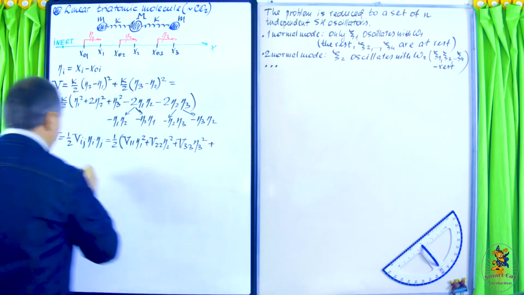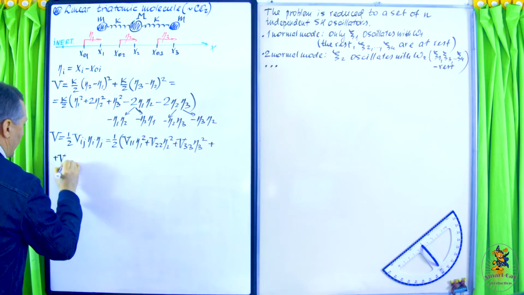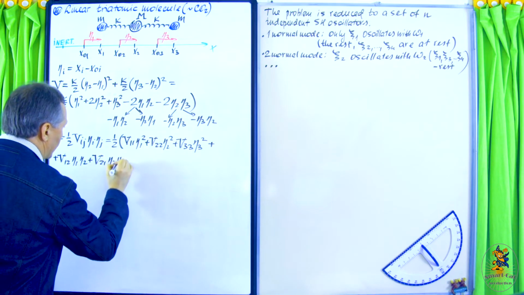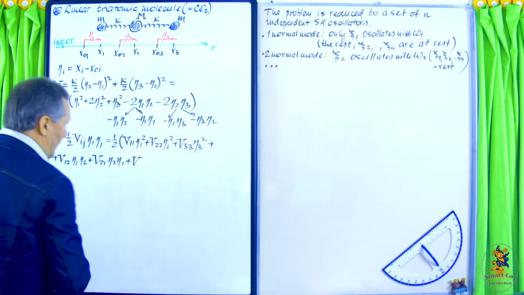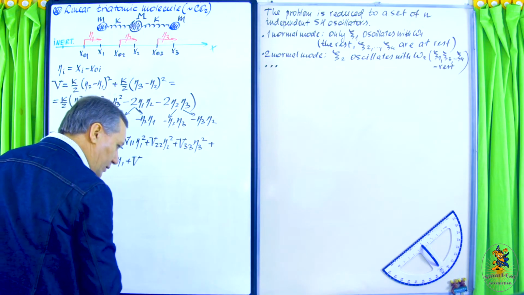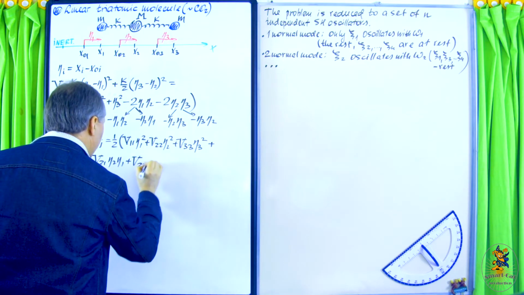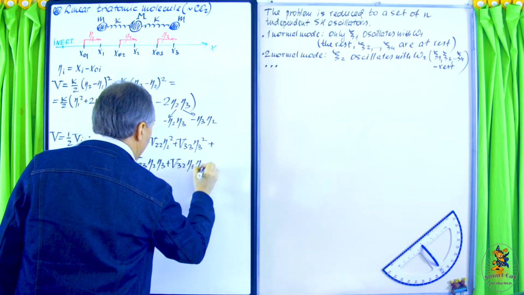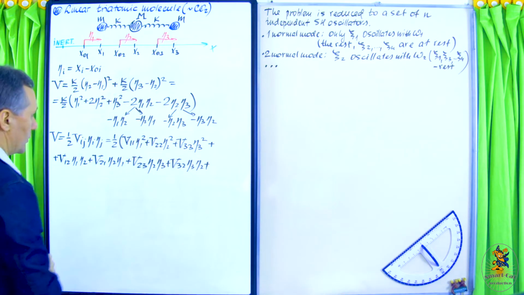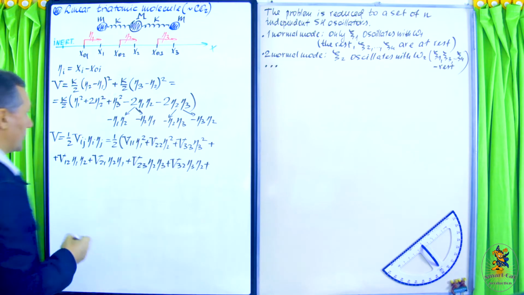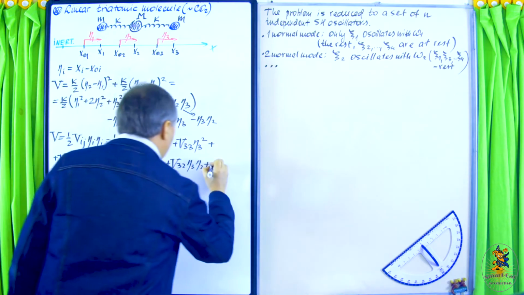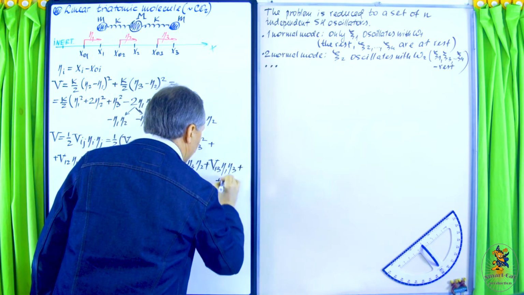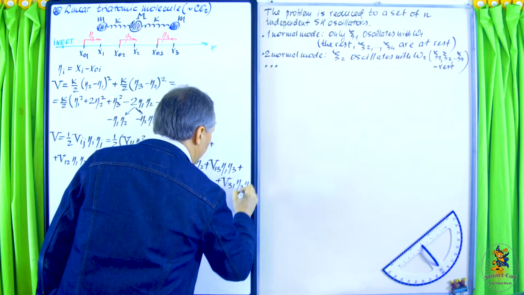Now cross terms: plus V12 eta 1 eta 2 plus V21 eta 2 eta 1 plus V23 eta 2 eta 3 plus V32 eta 3 eta 2, and the last 2 terms, plus V13 eta 1 eta 3 and plus V31 eta 3 eta 1.